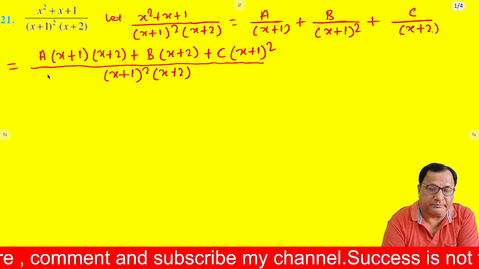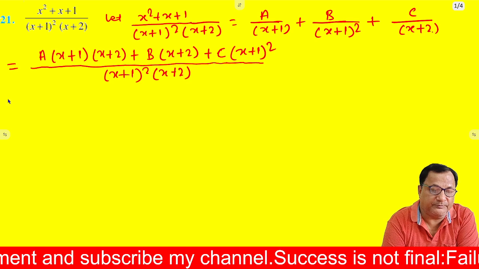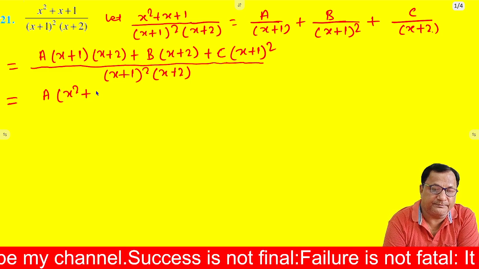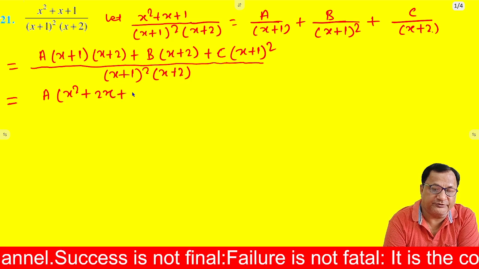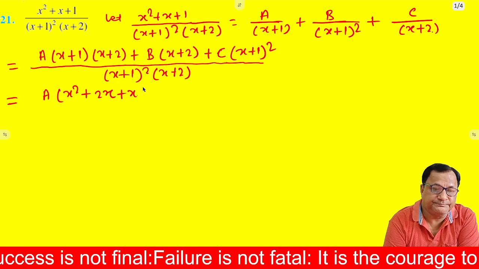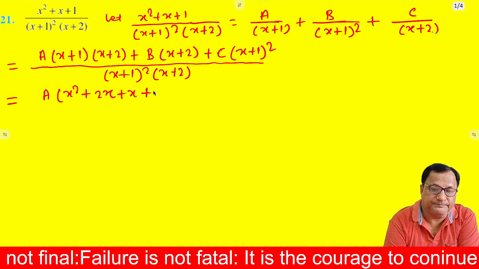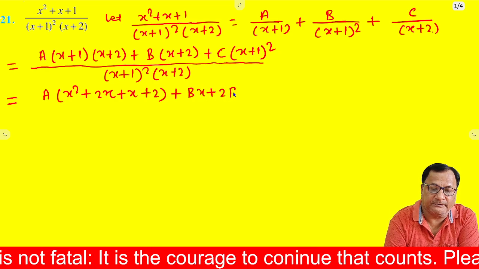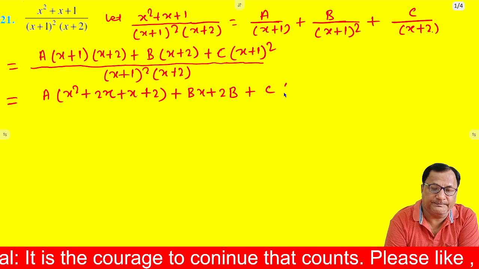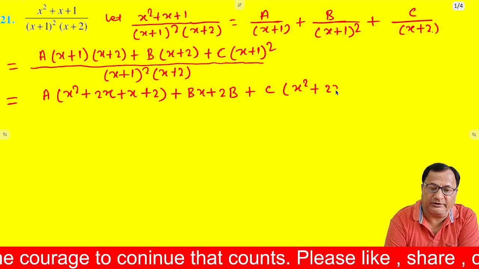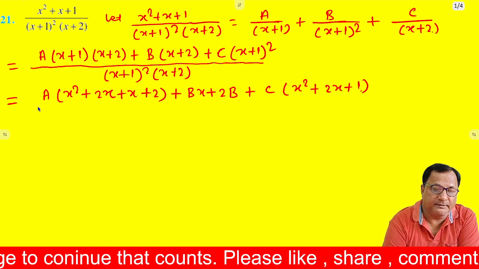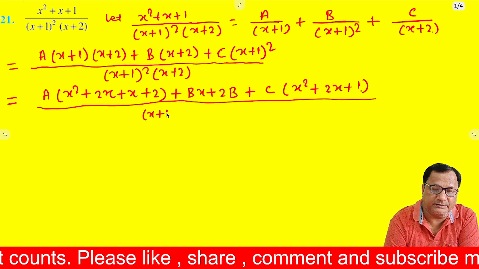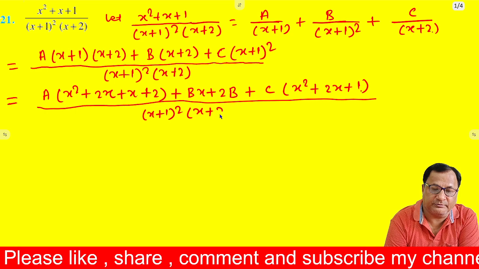Now if you multiply this, a into (x square plus 2x plus x plus 2), plus bx plus 2b, plus c into (x square plus 2x plus 1), all divided by (x plus 1) whole square (x plus 2).